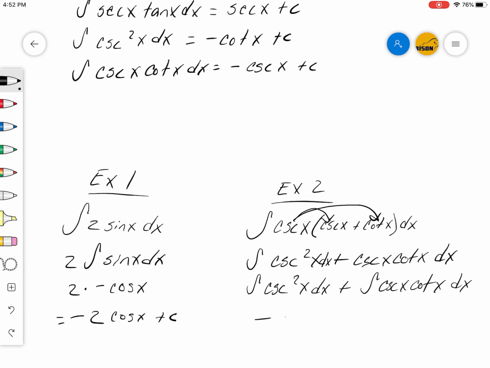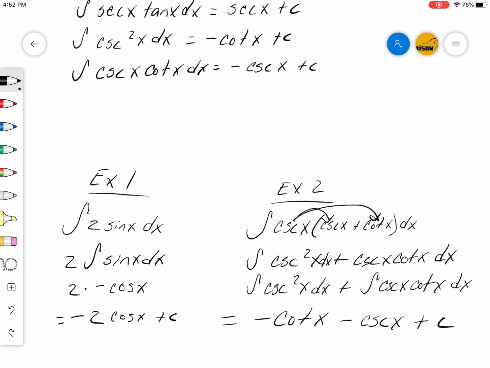So this whole first part turns into negative cotangent x. Then I've got the second part, cosecant cotangent, which happens to be the bottom one right here. The integral of cosecant cotangent is negative cosecant x. So I've got to do minus cosecant x, and then I can't forget about putting my plus c. So that is what that integral works out to be.